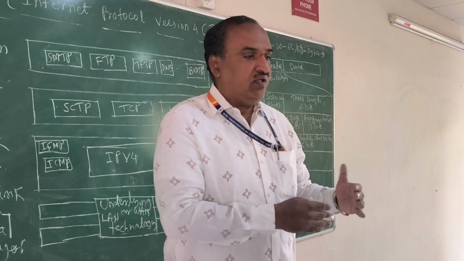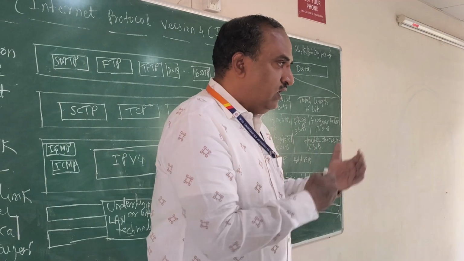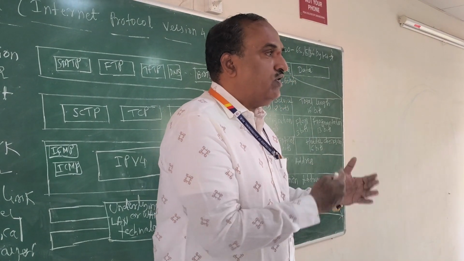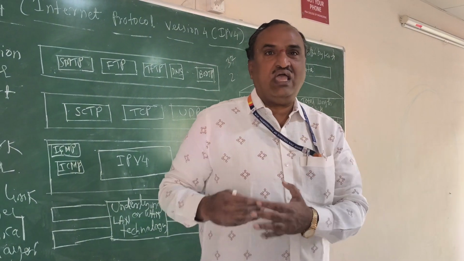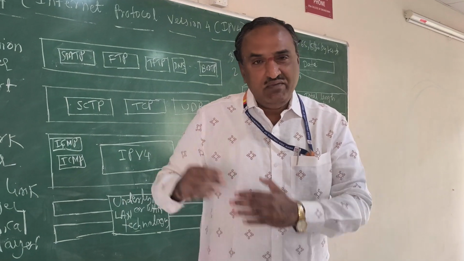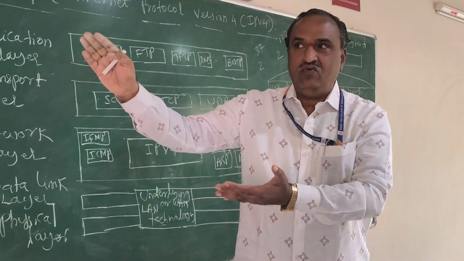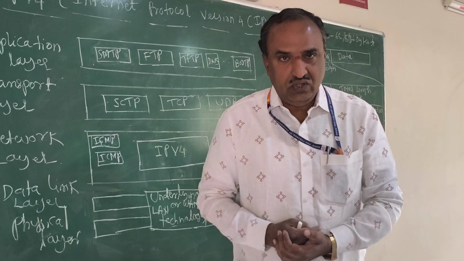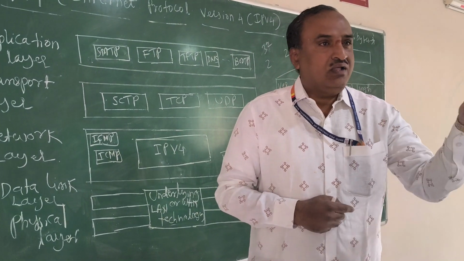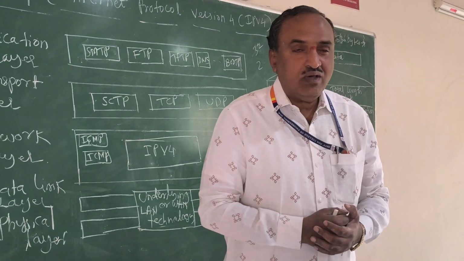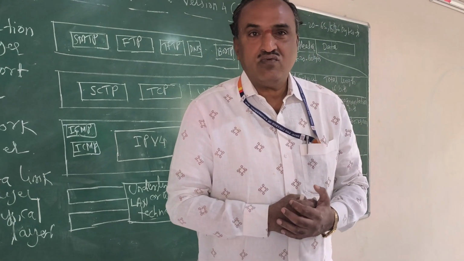In classful addressing, the internet service provider will not give one or two addresses. Suppose I want only one address, they will not give it. They will give a block of addresses, for example 10,000 or 20,000 addresses. In the previous class also, we discussed the different types of classful addresses.